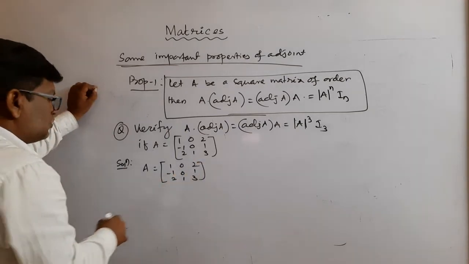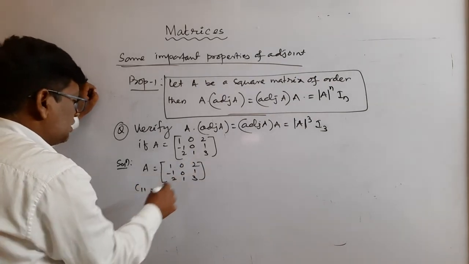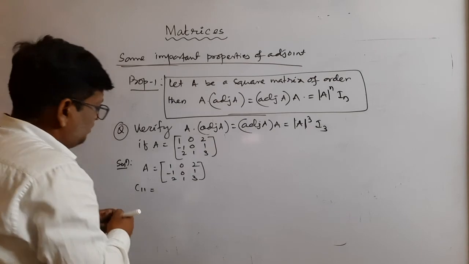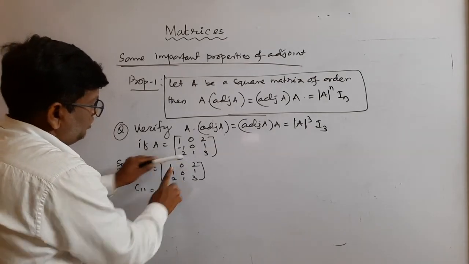So C11 is what? This row and column goes cancel. I will do directly here.